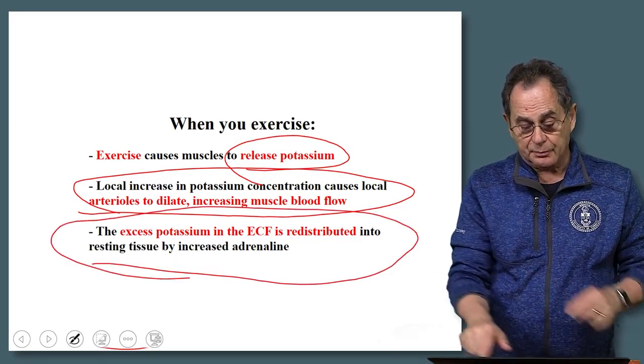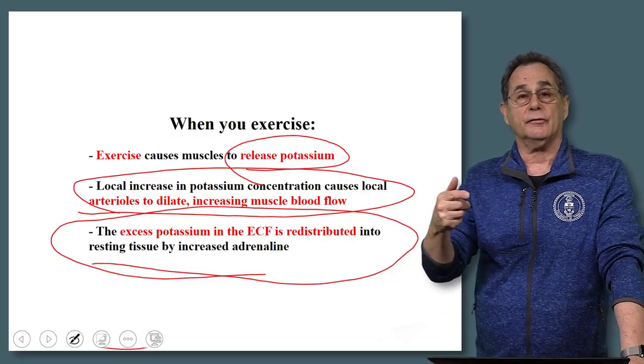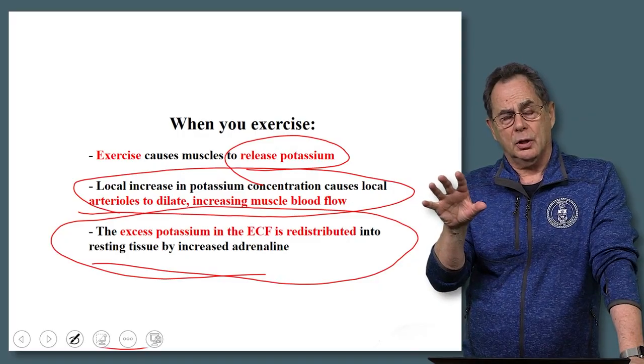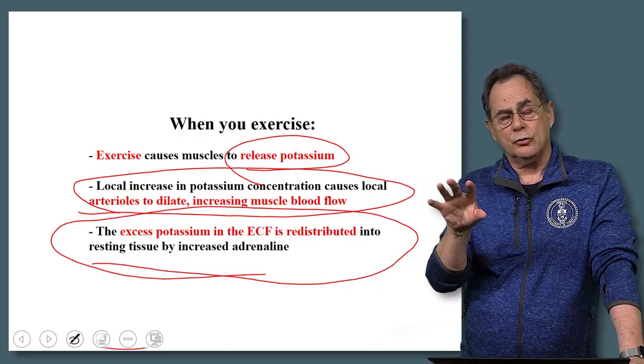The excess potassium in the extracellular fluid space, though, can have deleterious effects on the muscle, on the heart, and on nerve function.